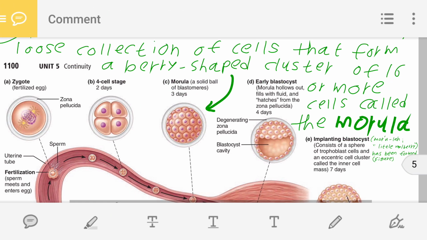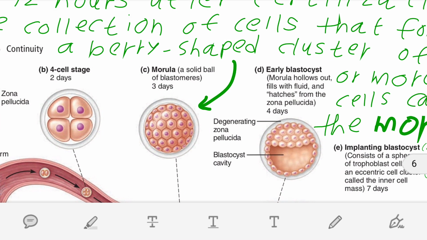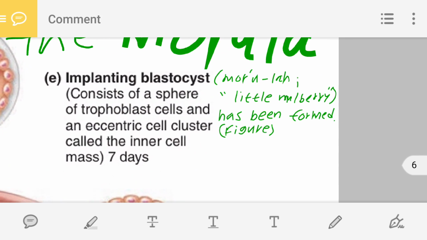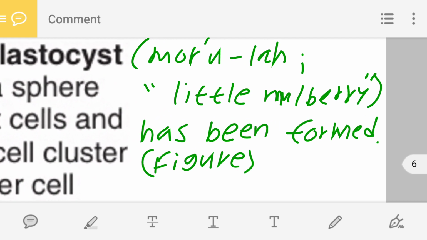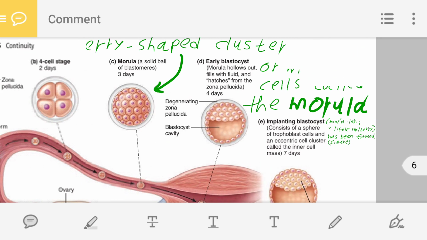So in the morula, 16 or more cells are present. And what is the meaning of morula? Morula literally means little mulberry. Okay.